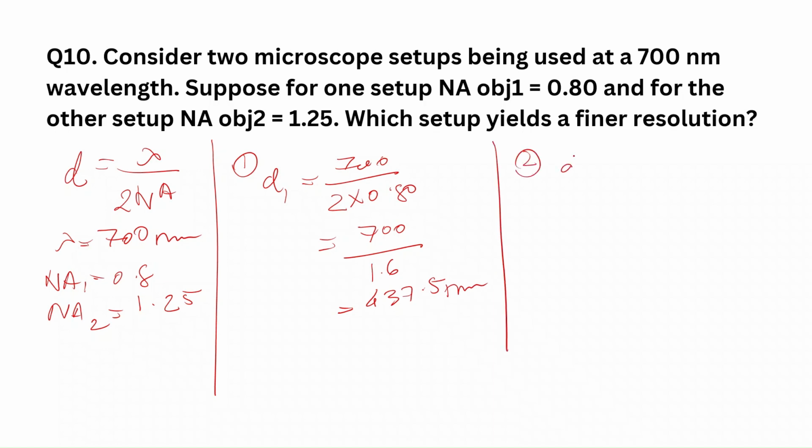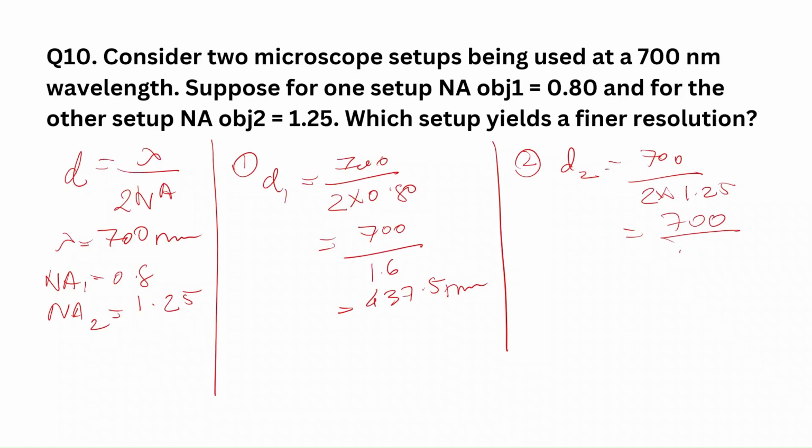For the second, similarly, D2 equals 700 divided by 2 times 1.25. 1.25 times 2 is 2.5, so 700 divided by 2.5 equals 280.